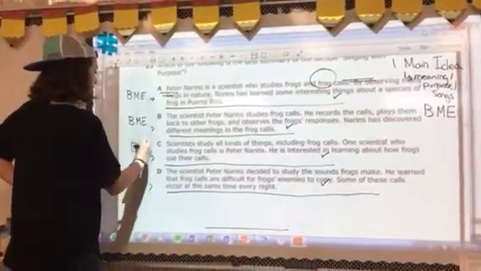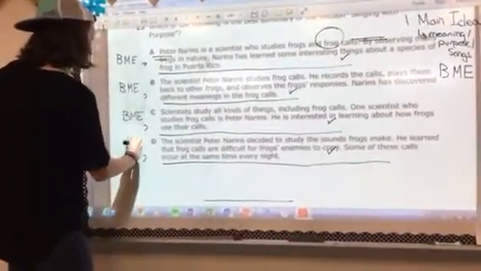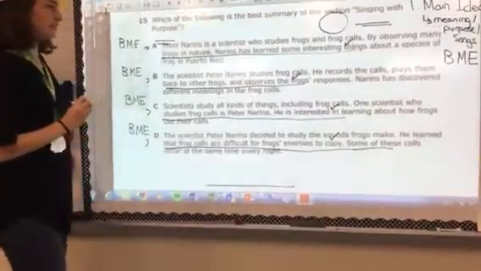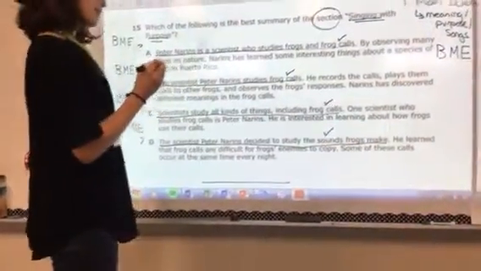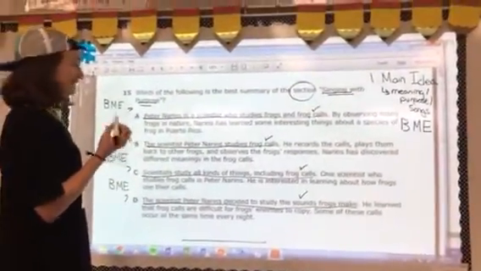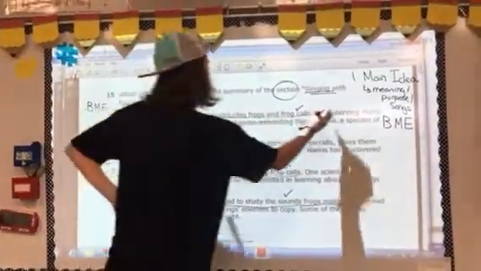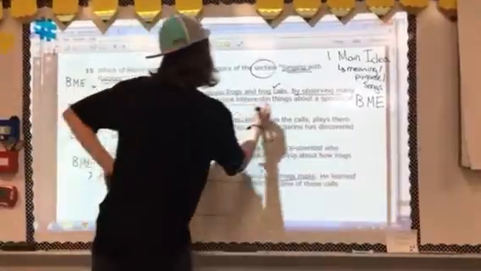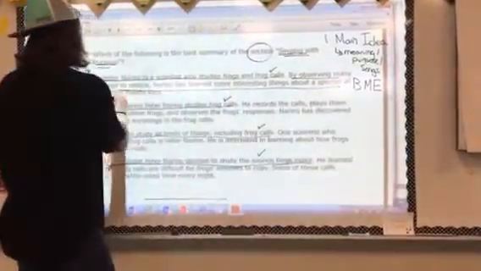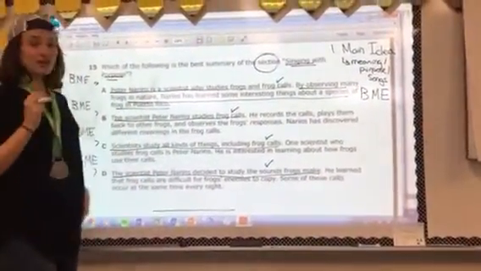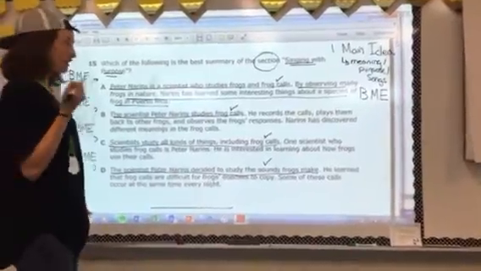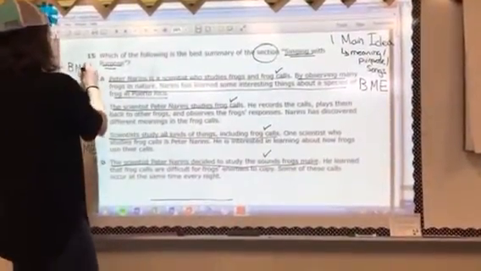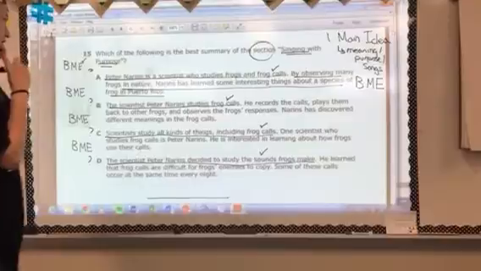And just like with literary text, I'm going to start with the last sentence. In answer choice A, the last sentence is the rest of the answer choice. By observing many frogs in nature, Narrans has learned some interesting things about a species of frog in Puerto Rico. Now, I remember that last paragraph is about a species of frog in Puerto Rico. We've got our end. Let's keep that right there and put a check next to the E.